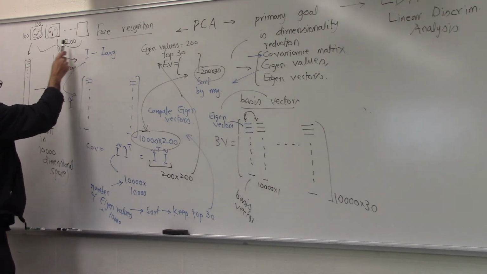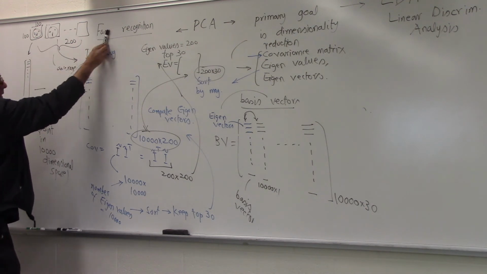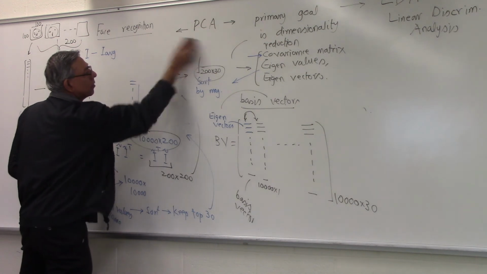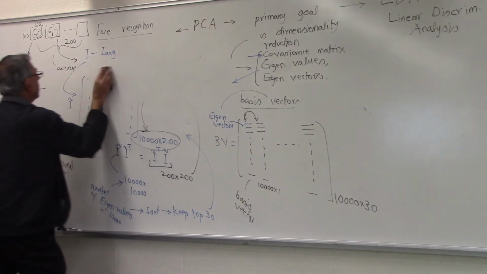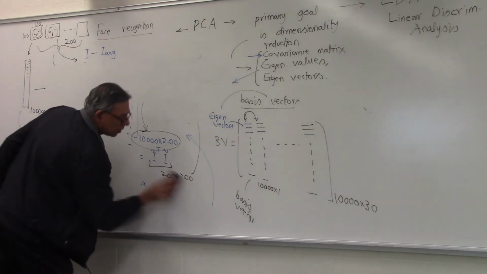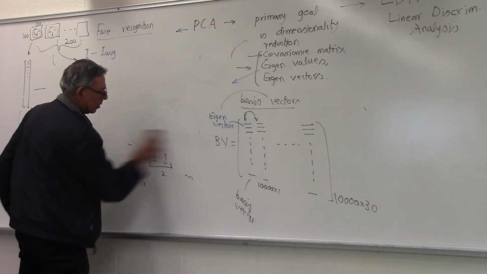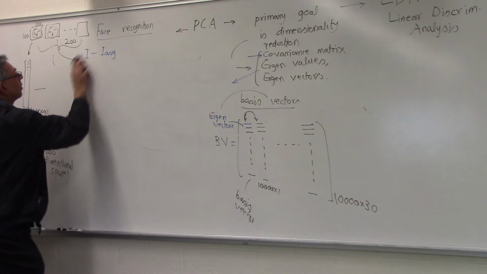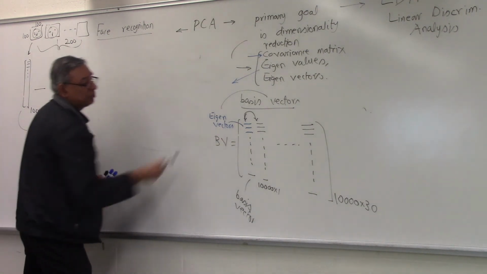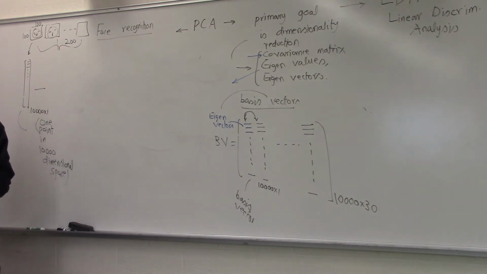So now, as part of the recognition process, let's go to the recognition process. After the basis vectors have been created, 10,000 by 30, what will we do now?